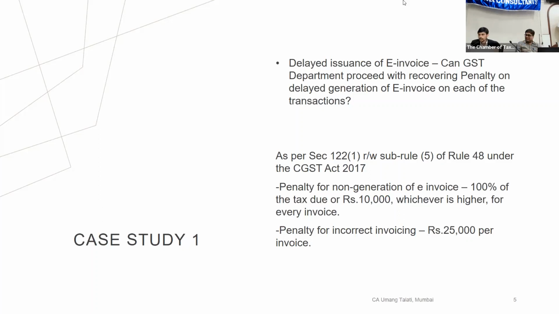No, so there the problem again will come to 48(5). 48(5) is again super technical. It's not about tax invoice, issuance of invoice. Correct. So if you read the definition, invoice or tax invoice means the tax invoice referred to in section 31. As per 31, you have to issue a tax invoice. Correct.